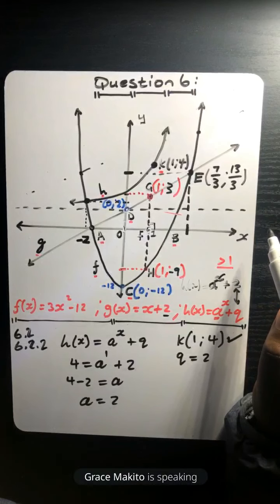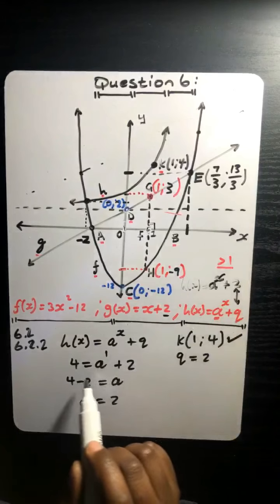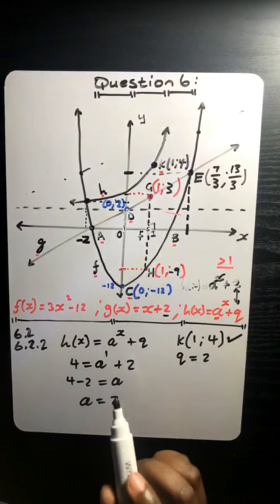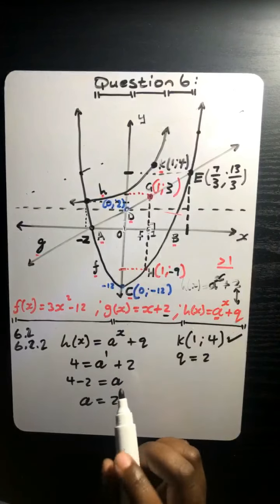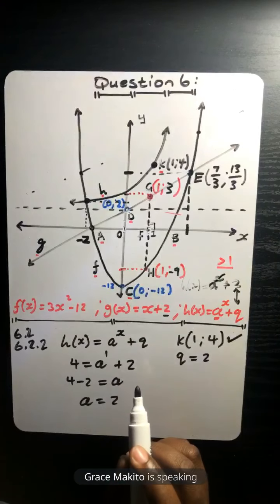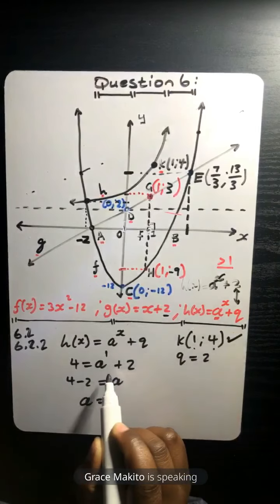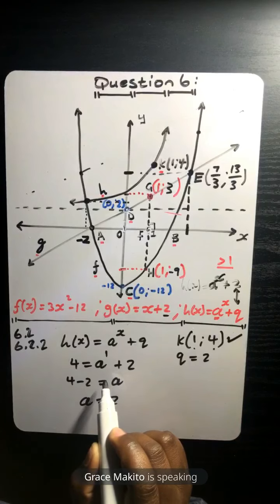Sir, are we not supposed to substitute 1 there because 1 is the value of x? We substituted where, Grace? Can you remind me on that one? Saying the coordinates of k is 1:4, right? So yes, 1 is the value of x. Are we not supposed to substitute it there where we did 4?